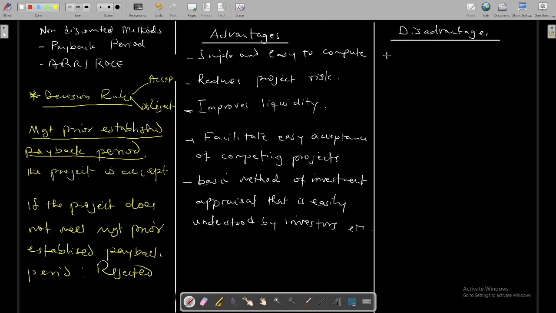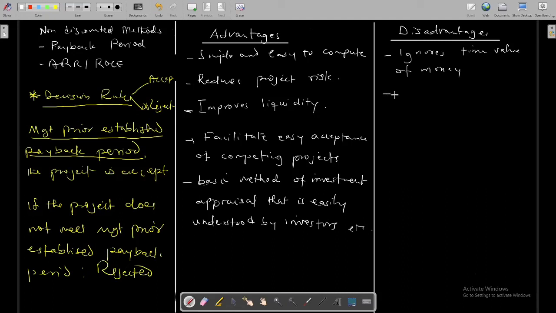Then let's look at the disadvantages. One of the most profound disadvantages of the payback period is that it ignores the time value of money.